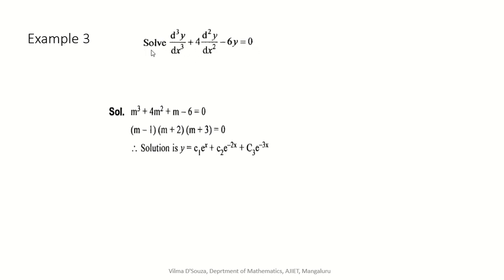The question is solve d³y/dx³ + 4 d²y/dx² + dy/dx - 6y = 0. According to that, you write down the auxiliary equation: m³ + 4m² + m - 6 = 0.